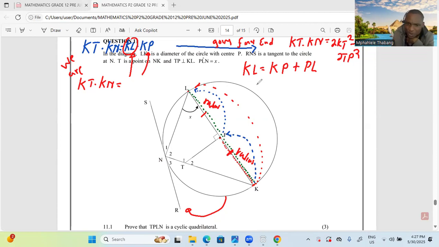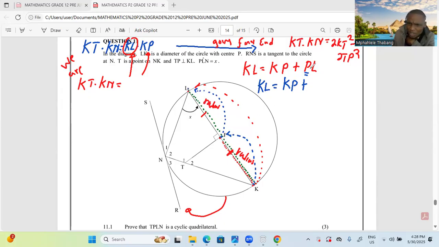So now we can say KL equals KP plus PL, and I can substitute PL with KP. Remember, I'm saying KP and PL are equal. These are our radius.